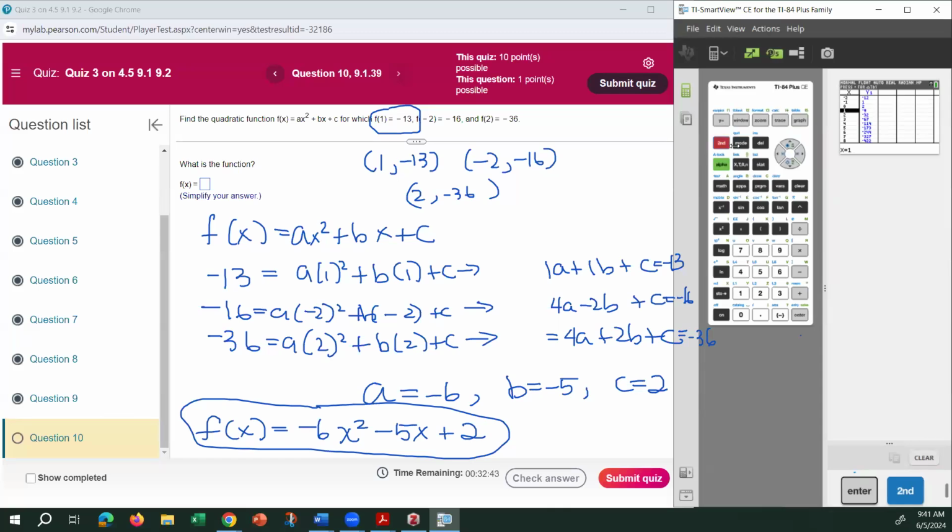Okay, let's check our matrix. Sometimes it might be the matrix.